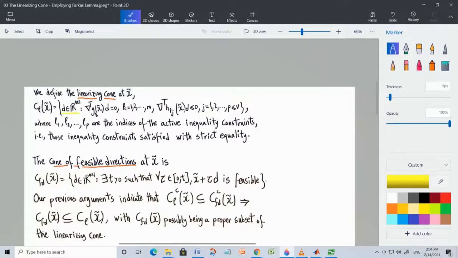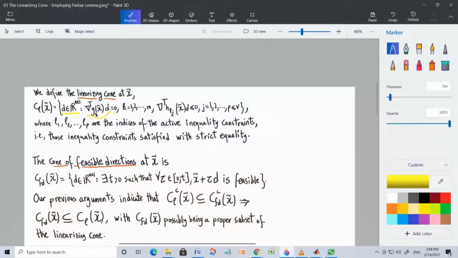These are the directions, or the vectors in the n-dimensional space, satisfying the following: the inner product between these directions and the gradient vector of any of the functions involved in the equality constraints is exactly 0.